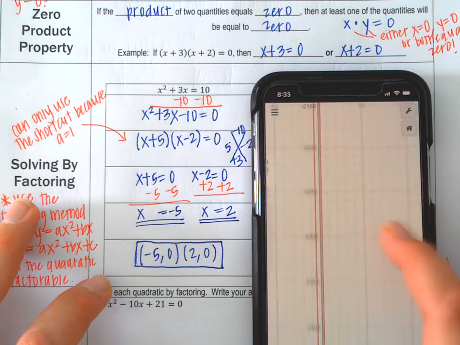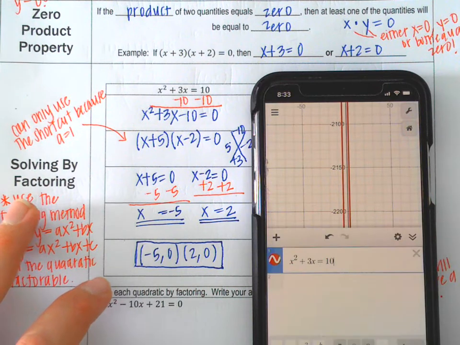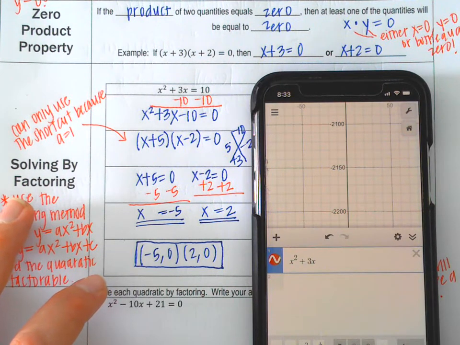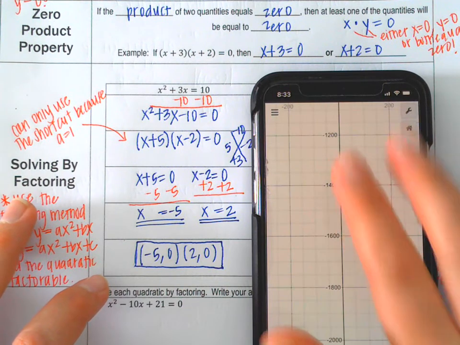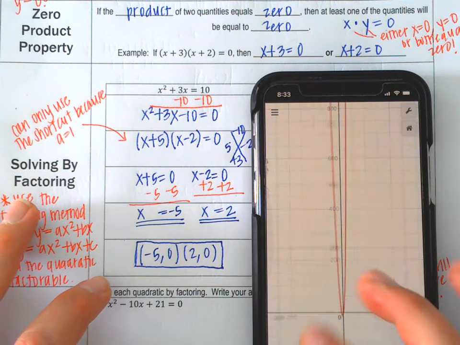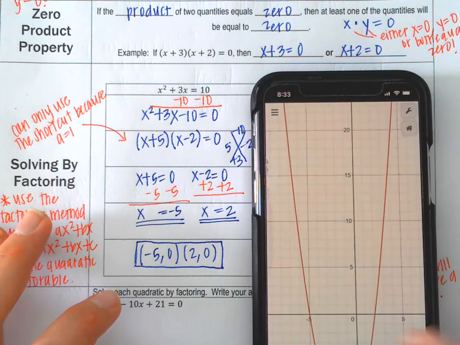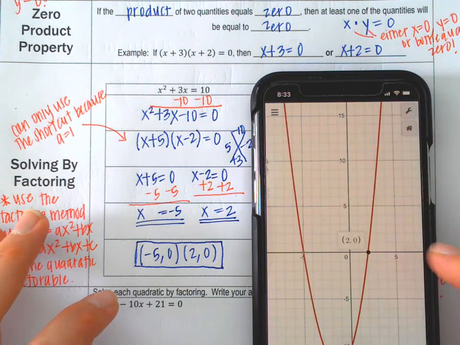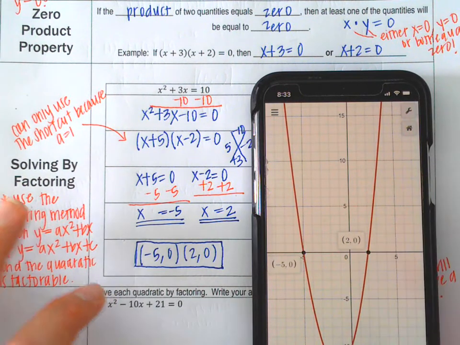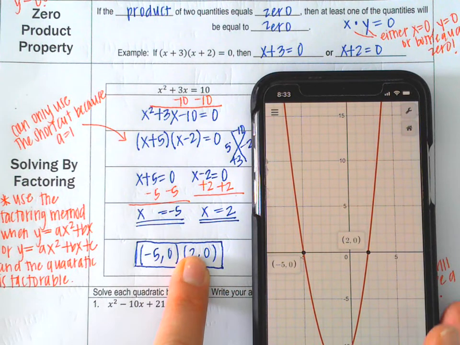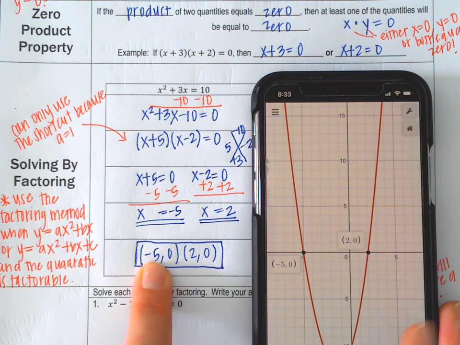Holy Toledo. Actually, let's rewrite it like this. That will probably make the whole thing less weird. But when I graph and I look, okay, my two solutions are at 2 and at -5, which are the two that we found, 2 and -5.